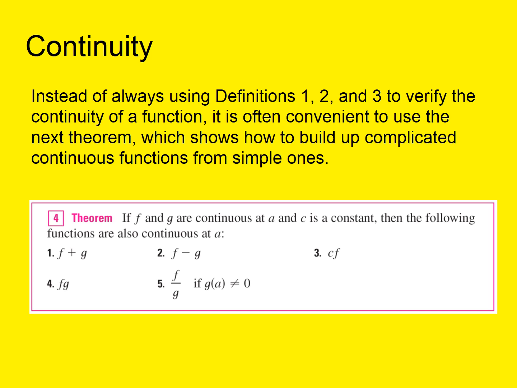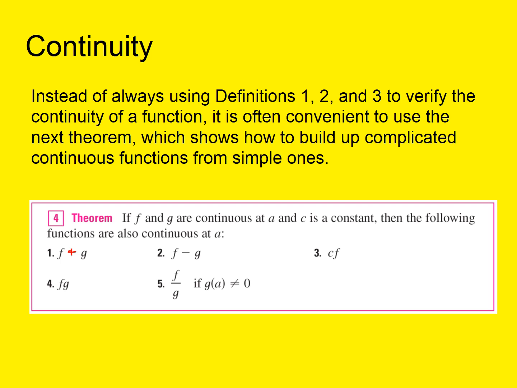If f and g are continuous at a, and c is a constant, then the following functions are also continuous at a. So the sum function, the difference function, the function times a constant c, the product function, and the quotient function, if g of a is not equal to 0.